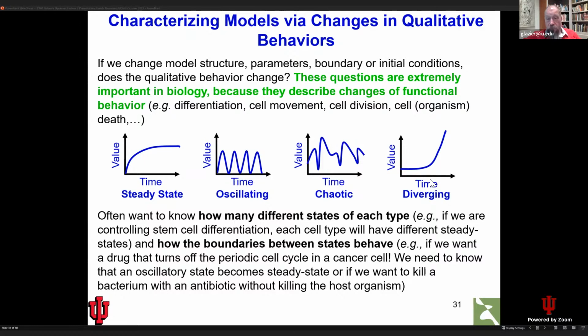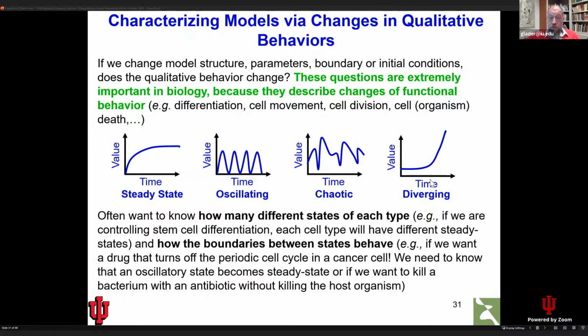We take a gene out of the system. What happens? William talked about a perturbation where we cause DNA damage. We increase the level of damage. We have a spike of DNA damage, and then the DNA damage decreases. What happens? Do we switch from steady state to oscillating, or oscillating to chaotic, or chaotic to divergent? These are critical questions.